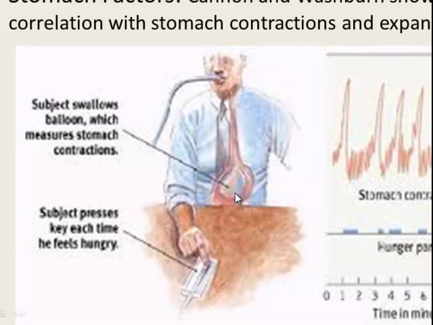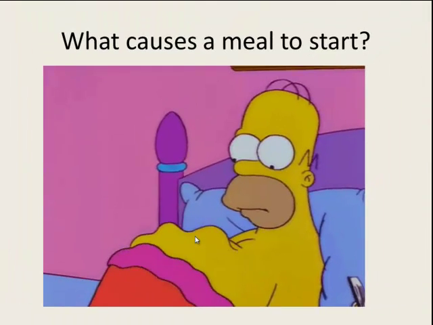So when the balloon shrank, they were hungry, and when it expanded, the stomach expands, the nerves around the stomach signal that they're not hungry. So literally the rumbling of the stomach causes us to eat. If we just expand the stomach, even though there's no food, no glucose, no anything, it still can reduce our tendency to eat.